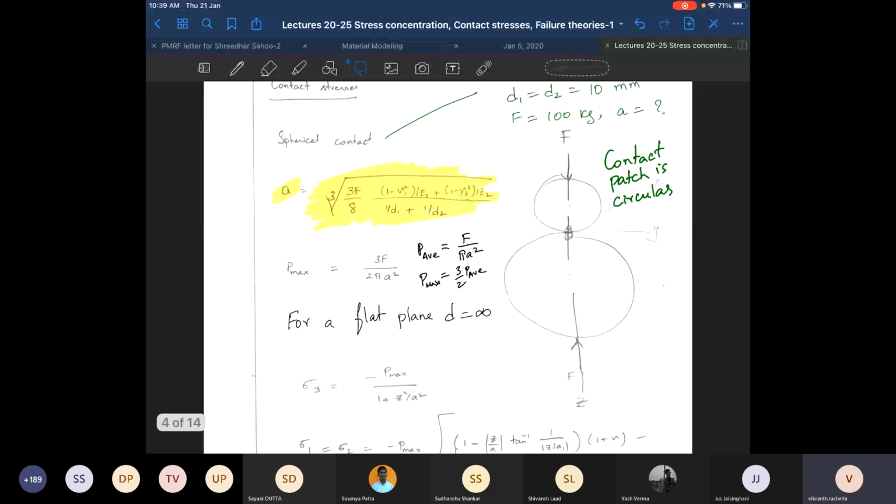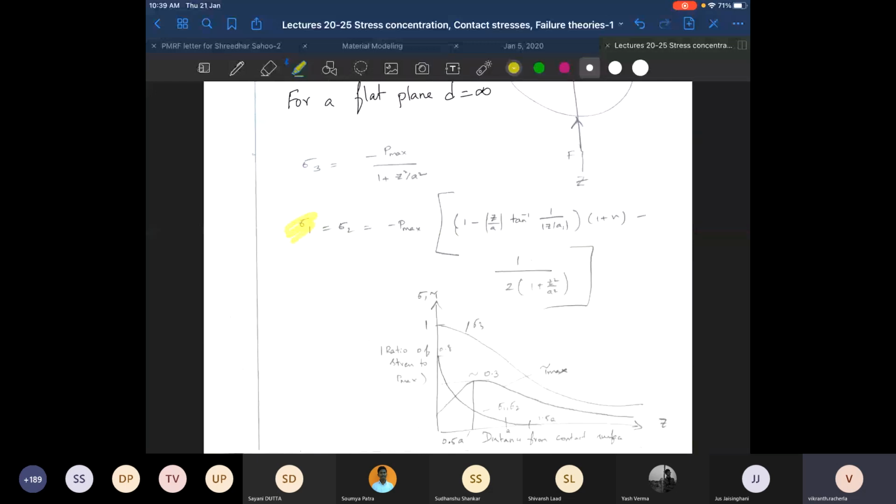So if I assume axes like this, that the contact plane is formed by the x and y axes, and normal to the contact is along the z direction. Okay, so the three principal stresses will be sigma 1, sigma 2, sigma 3.